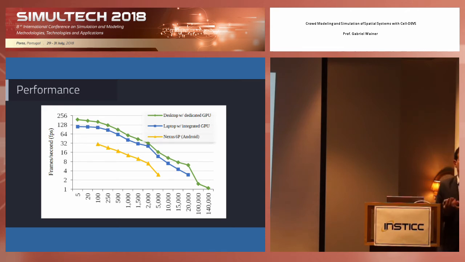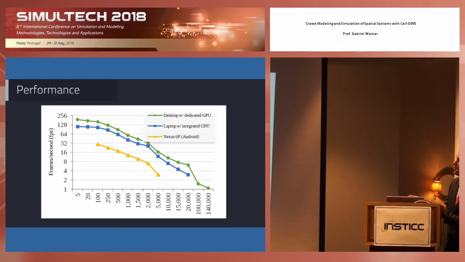Why are we interested in this? Because we want to do visualizations that look realistic. If you have very low frames per second, you will see the crowd moving every 10 seconds, and it's not realistic. You want the visualization to look fluid. You need at least 16 frames per second for that to happen.